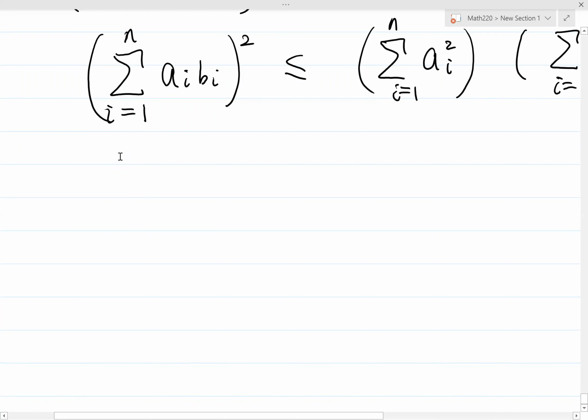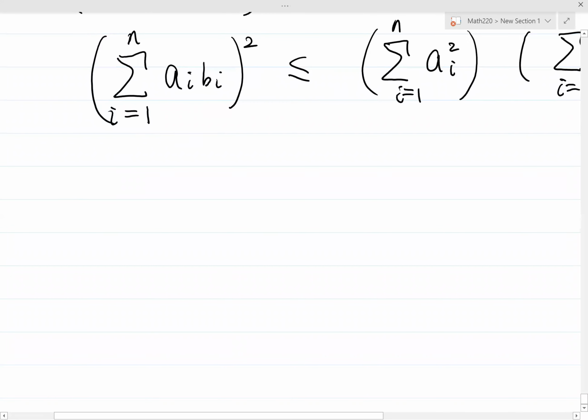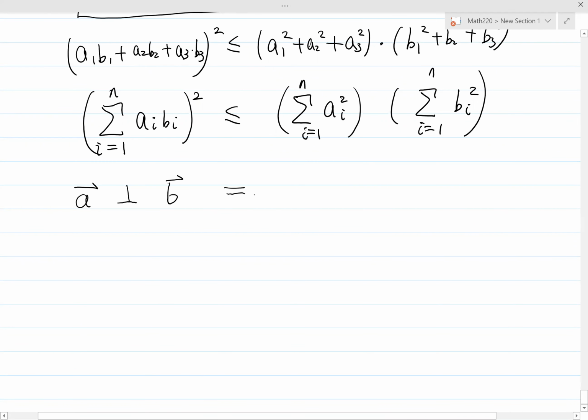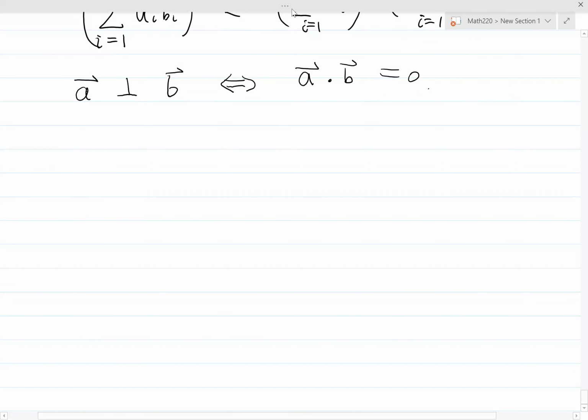All right, let's continue with examples of dot product. Now we know that a vector A is perpendicular to a vector B if and only if the dot product between them is 0. For instance, we do this example. Suppose we have a unit circle.